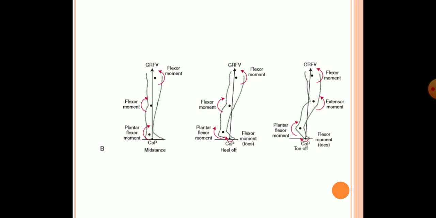And when it comes to the heel off phase, the only change which is happening is that in the hip joint the ground reaction force is coming posterior to the hip joint, so it will produce a flexor moment. So this is actually a change, because previously we said that the moment is produced opposite to the side of the ground reaction force.